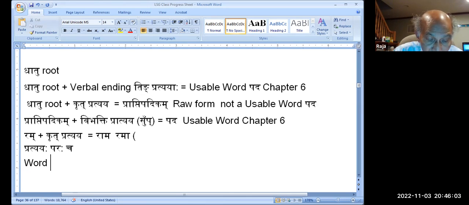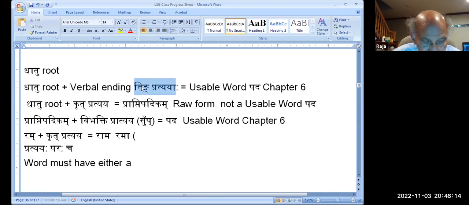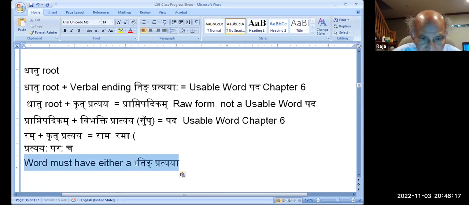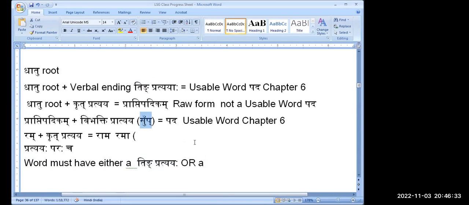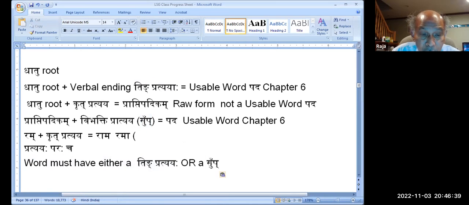I'm defining this: a word must have either a ting pratyaya or a sup pratyaya. This really helps us to break up the shloka. If we don't find a ting or sup, then we should realize it's not a word.